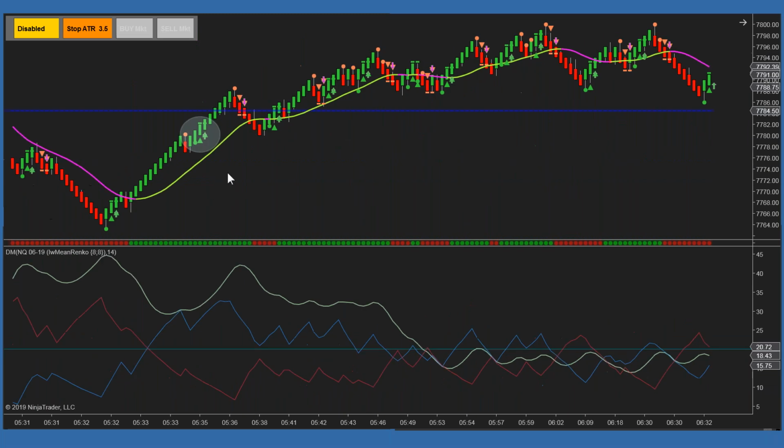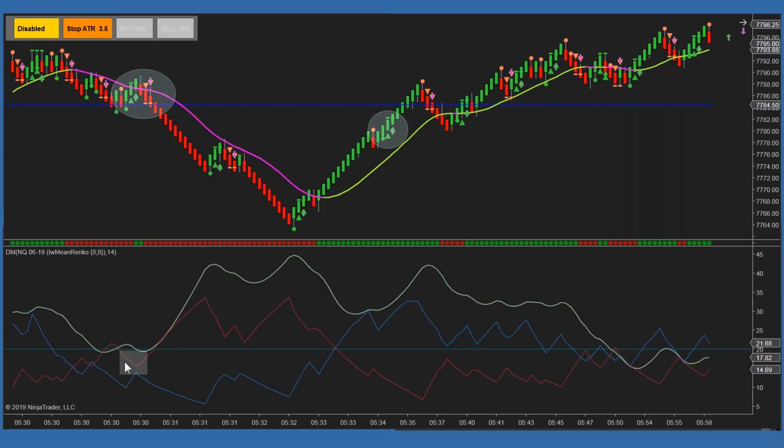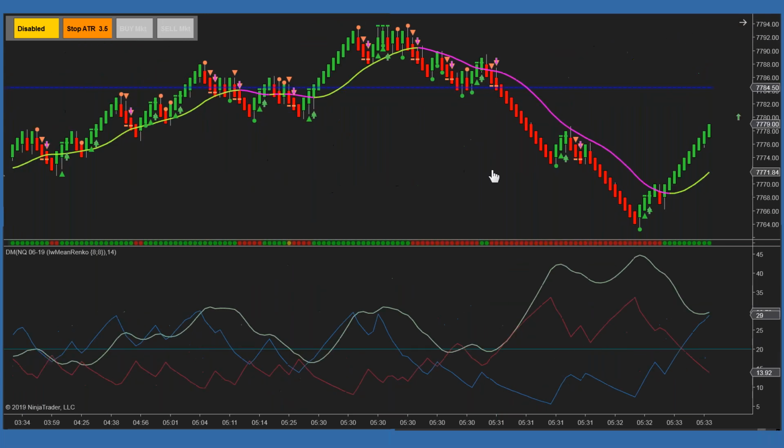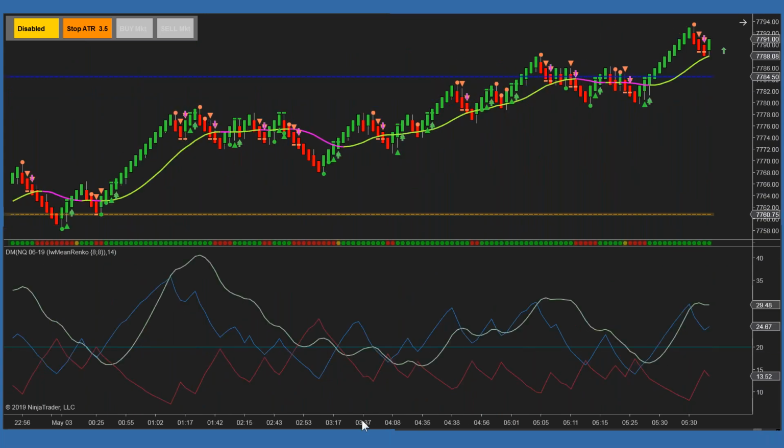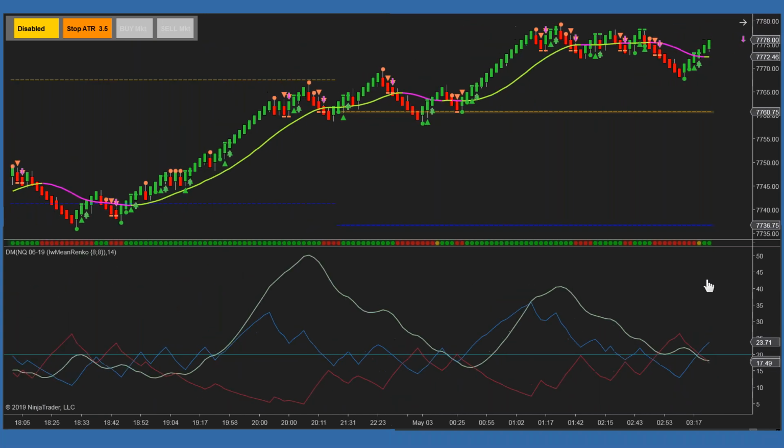All right, another interesting little thing about your DMI/ADX is that you can tell who is going to be more dominant by how the peaks correspond to each other.